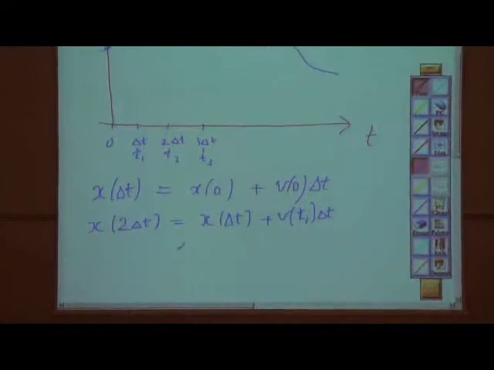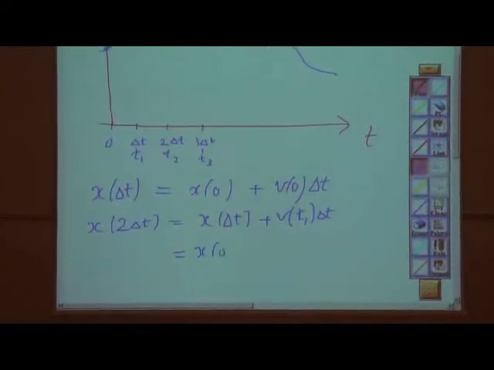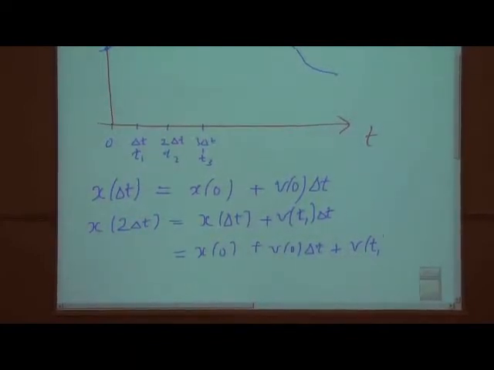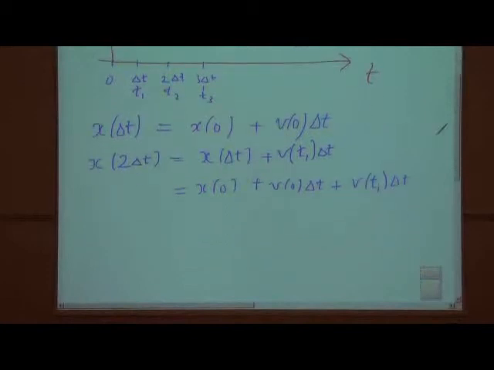Well, the latest one that I just measured, which is the velocity at, let me call that, T1 times delta t. So here is what I'm calling T1. This is T2. This is T3. All right?